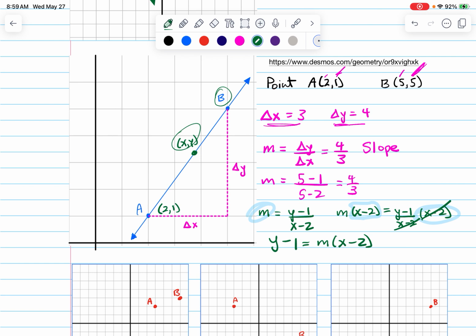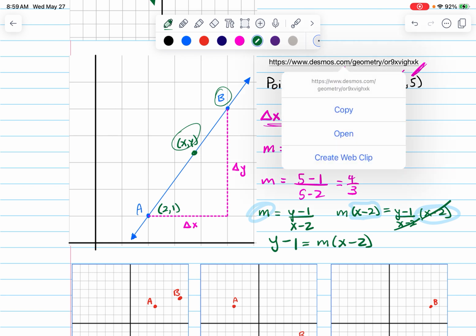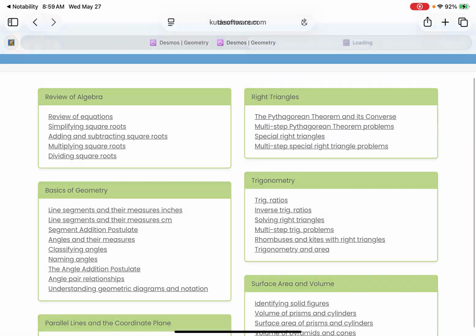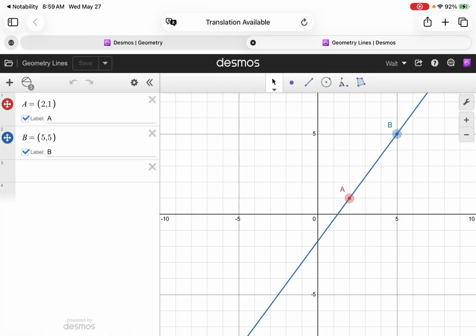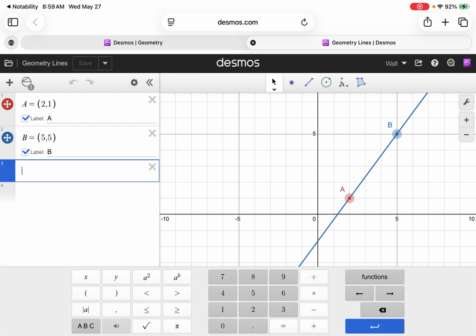So if you put this in your calculator or in Desmos or any other graphing program. Now, let me show you. Let me click on this link up here, open. There we go. Okay, so look, I'm going to write that equation here. So I have y minus 2 equals 4/3, and I'll just type this in.